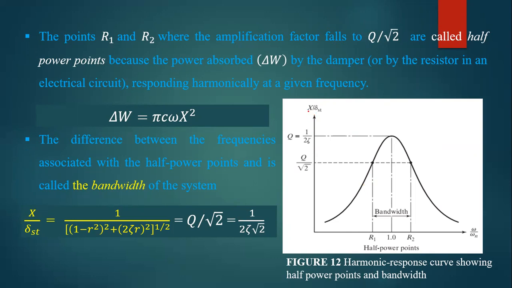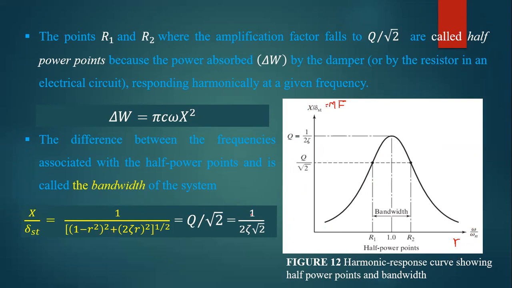This is the ratio x over x static, which we sometimes call the magnification factor, MF. In this direction we have omega over omega n, which is r, the frequency ratio.